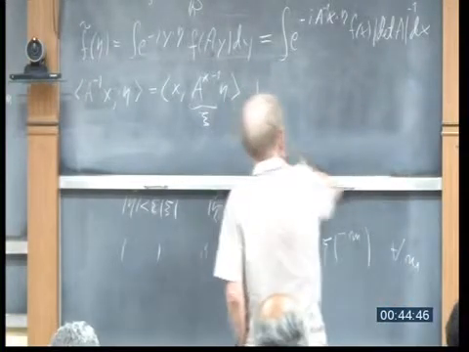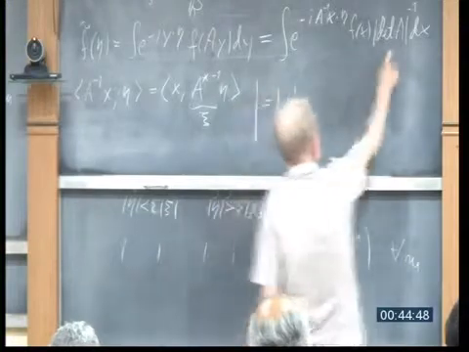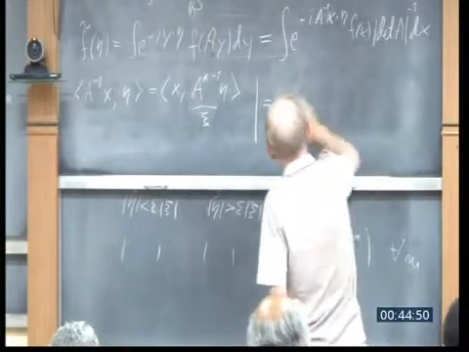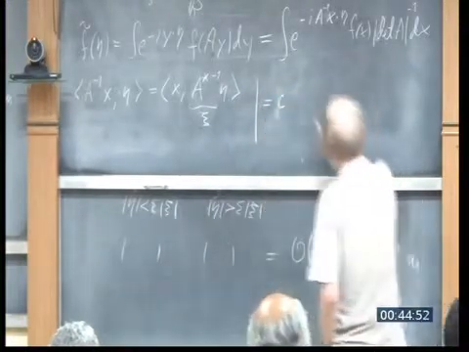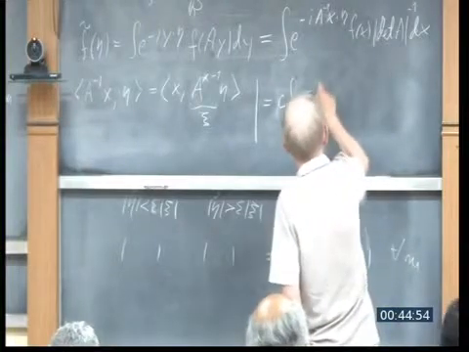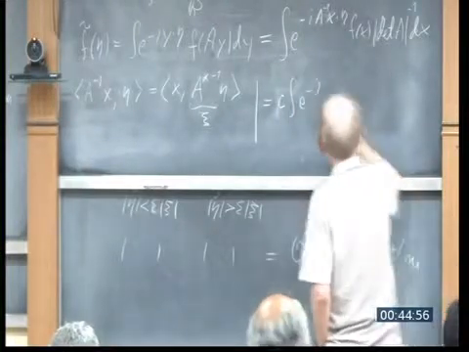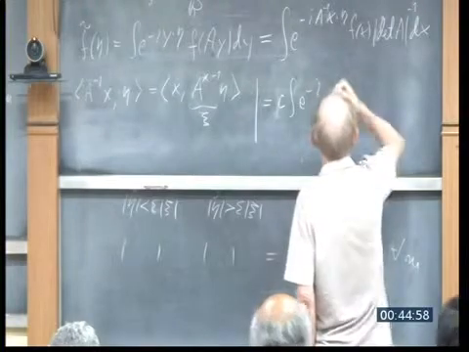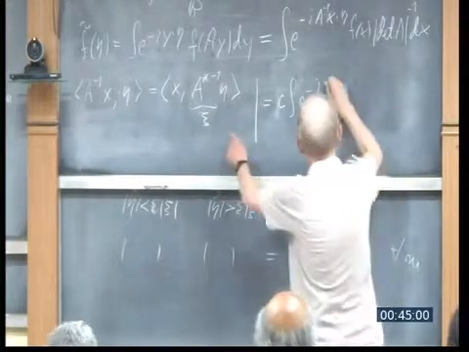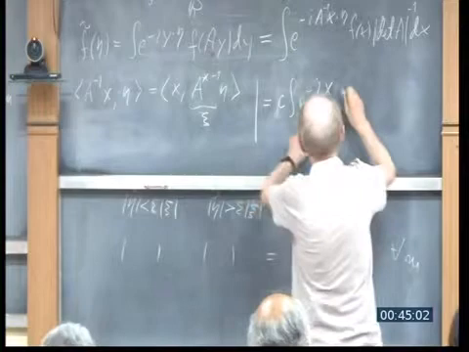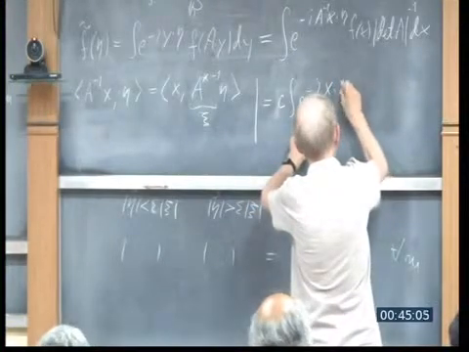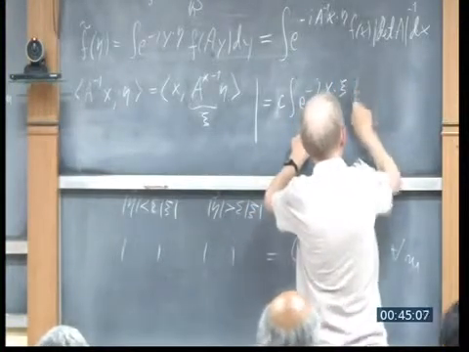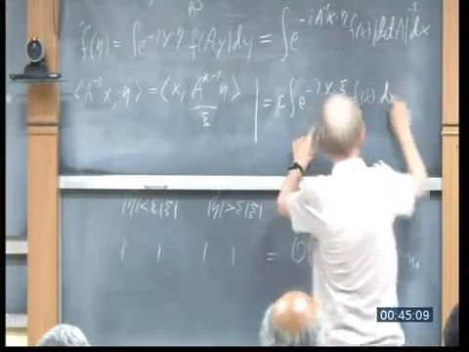So therefore, this constant, you get e to the minus i x·ξ f(x) dx. Let me write ξ.